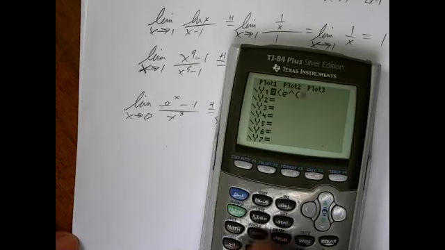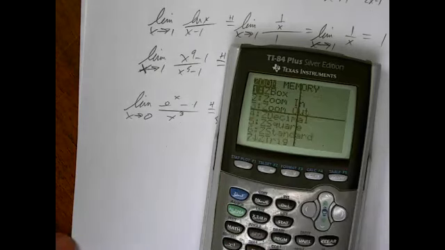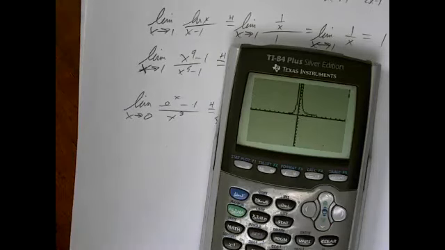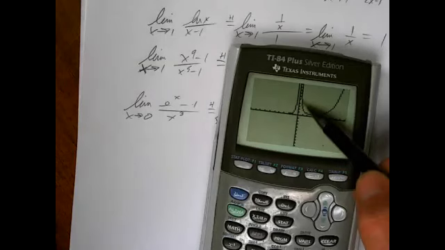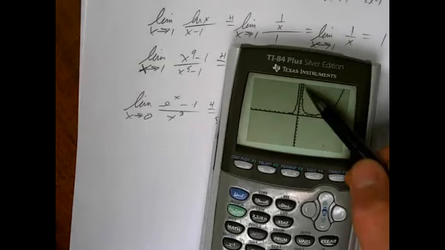If you look at the graph of e to the x minus 1 over x cubed, what you'll notice is that when you head towards 0 from either side, it's strictly positive on both sides. All right.